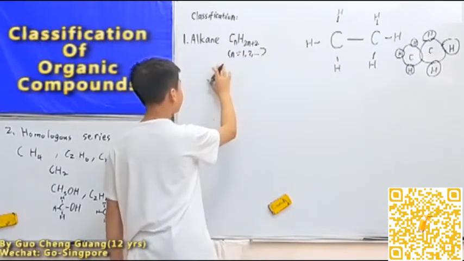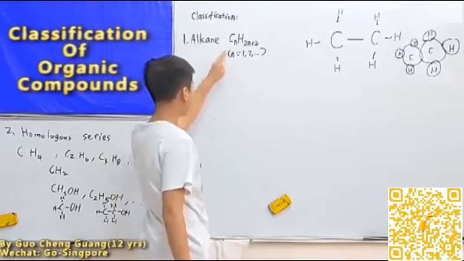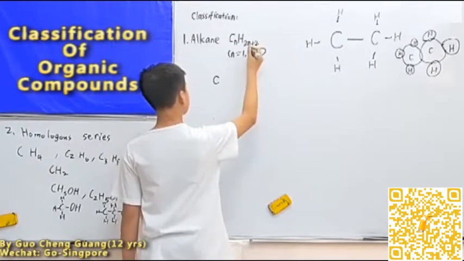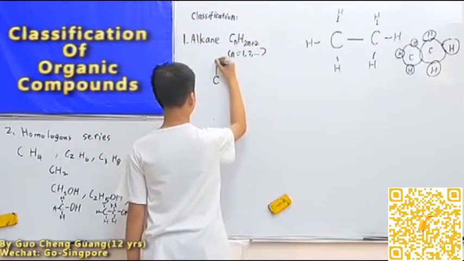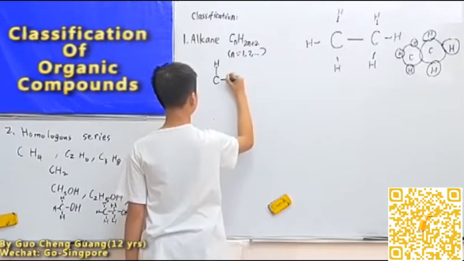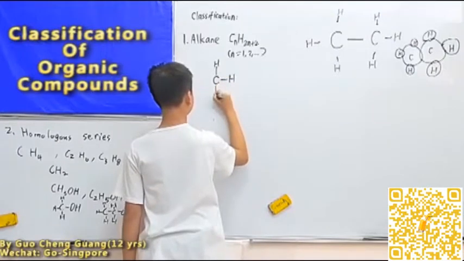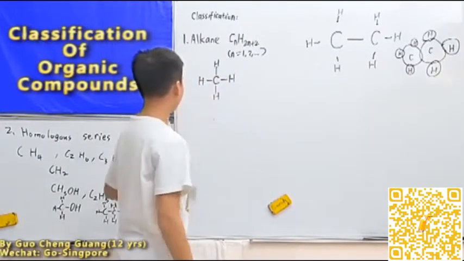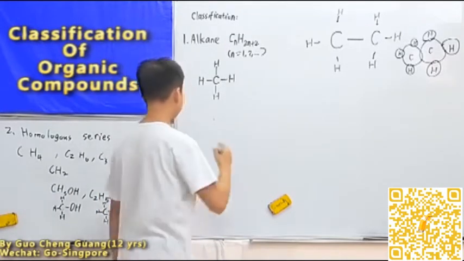So for alkane here, let's say for example, we have 1 carbon. If you put it in, you have 4 hydrogen. For this, we call it methane.